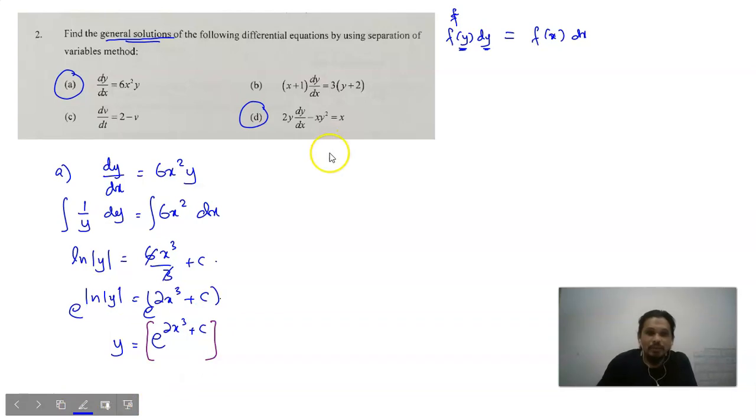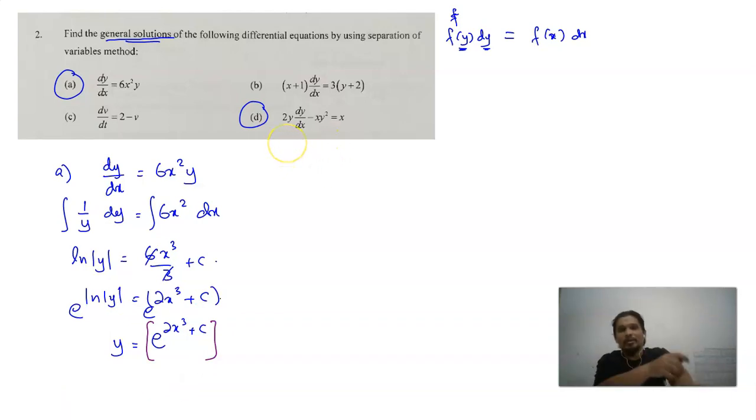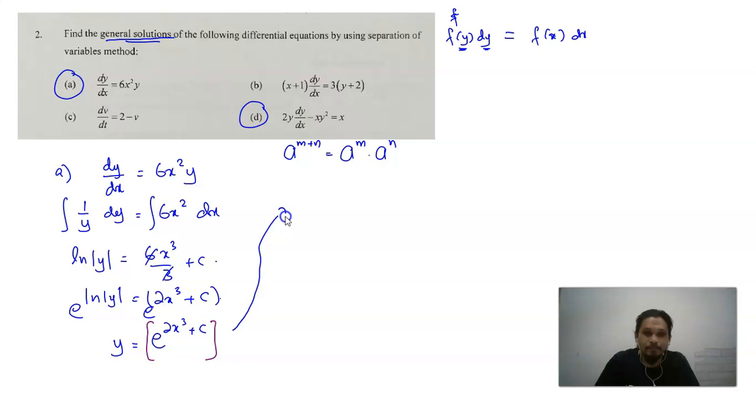Please remember what we learned in topic 1 of semester 1, where a to the power of m plus n equals a to the power of m multiplied with a to the power of n. For this one here now, it is y equals e to the power of 2x cubed multiplied with e to the power of c.